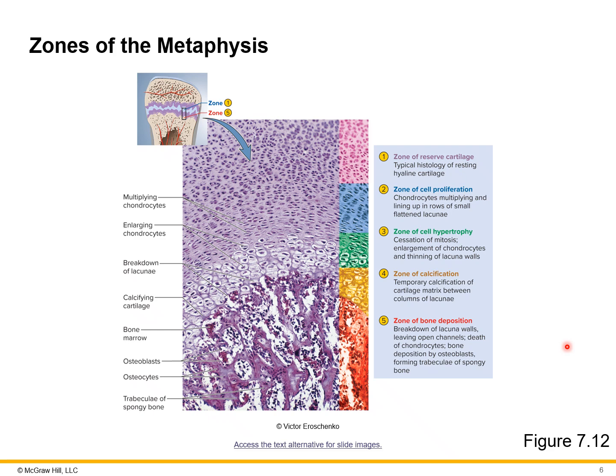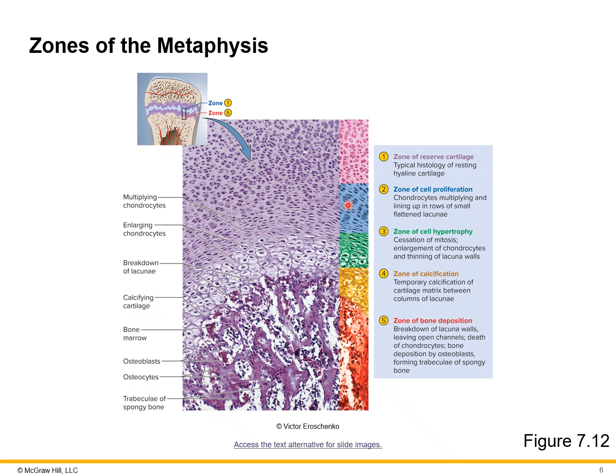The micrograph is showing the region above and below the cartilage. The right side of the micrograph is colored based on the types of zones. Zone 1 is the zone of reserve cartilage, and you will see the typical histology of resting hyaline cartilage with those little lacunae.